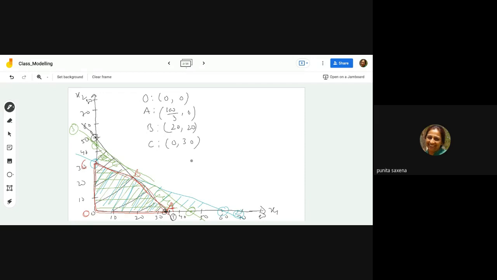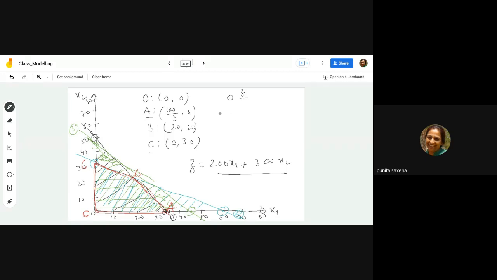Now, what was your objective function? Your objective function was 200x1 plus 300x2. So what we do is we compute the value of z at each of these 4 points. At (0, 0), the value of z is 0, right? What happens at A?